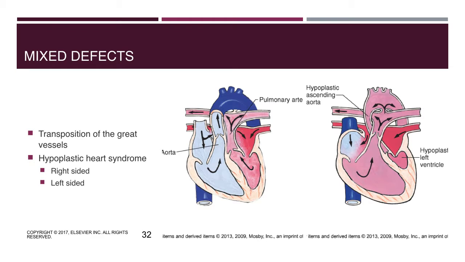Now we do tests on these kids before they go home because they literally look like nothing's wrong with them as long as that PDA stays open. And so we now test them because if you check their oxygenation in their right hand and their left foot, which we tend to do it that way, don't ask me why, because either one of the feet would work.